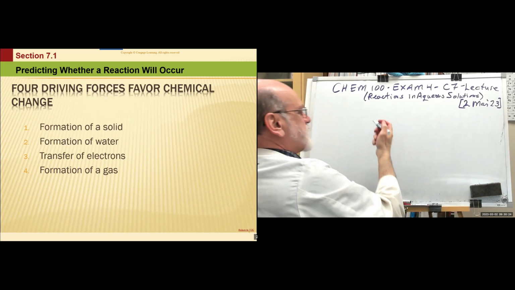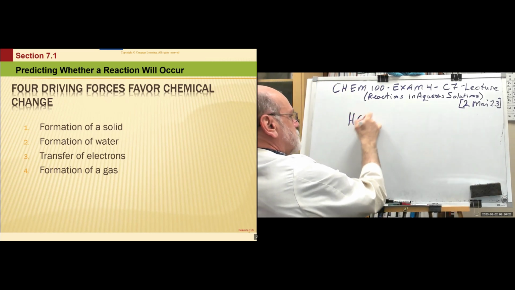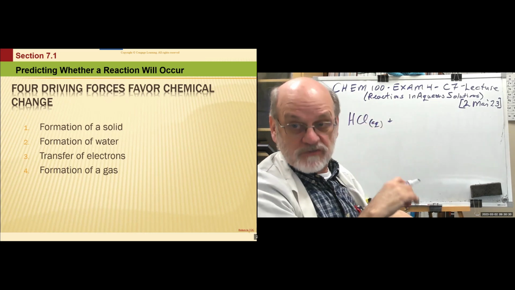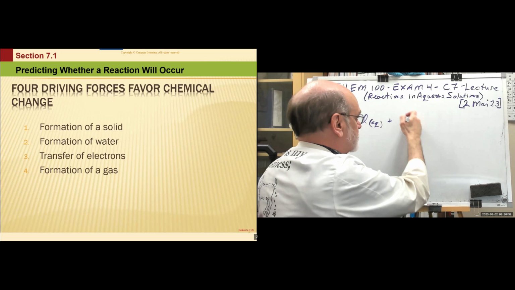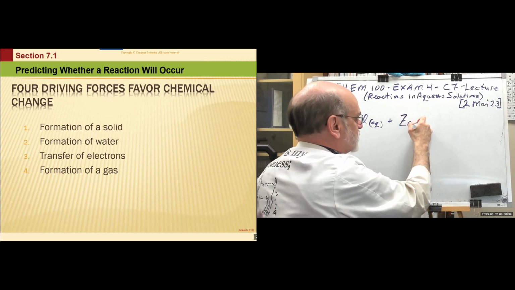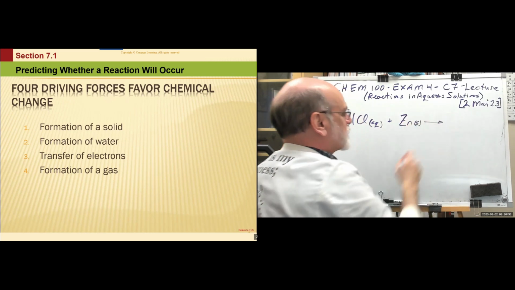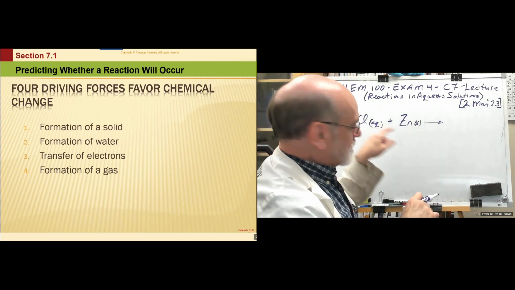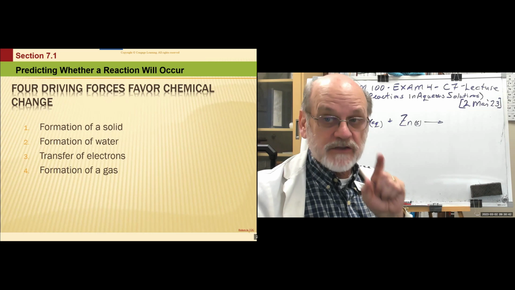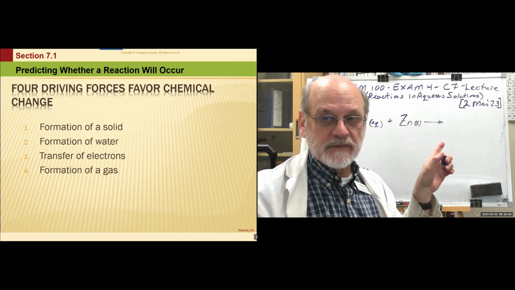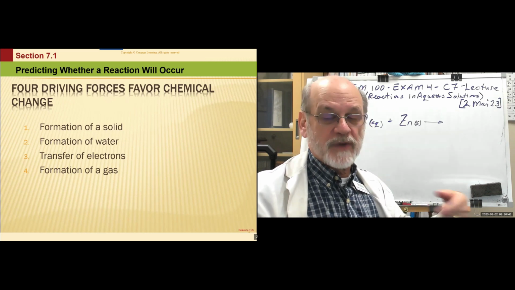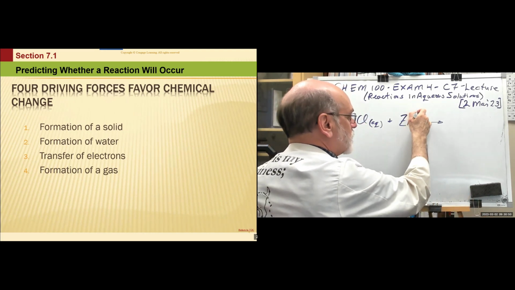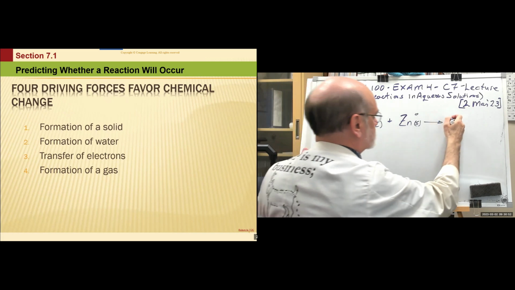So let's say we have hydrochloric acid and we drop a chunk of zinc in it. Zinc metal. What's going to happen? Well, actually we get transfer of electrons for this too, but we're focusing on the formation of a gas. So here's what happens. That zinc becomes a positive ion.